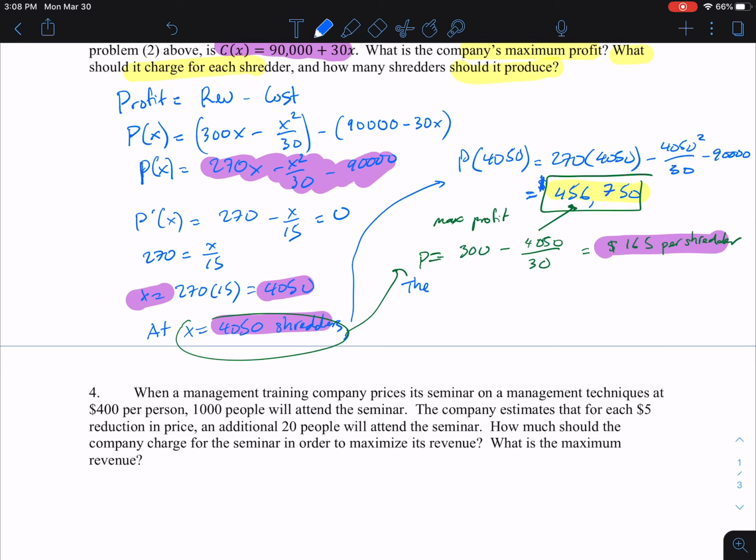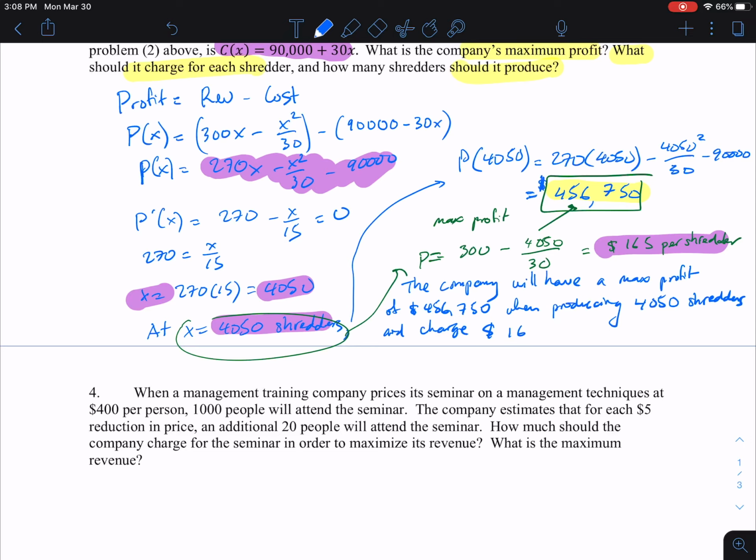The company will have a maximum profit of $456,750 when producing 4,050 shredders and charging $165 per shredder. Okay, so that should be the interpretation of this problem.